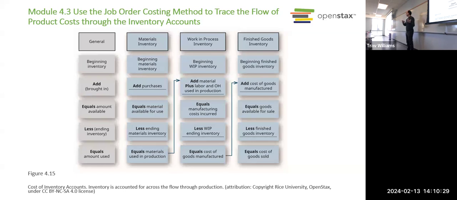Those materials got added later in the production process. So during work in process inventory, you can add material, labor, and overhead. You would add the overhead at the end. Once your product is done, you figure out the overhead cost, apply that like we just did in that last exercise, and then you can transfer it into finished goods.